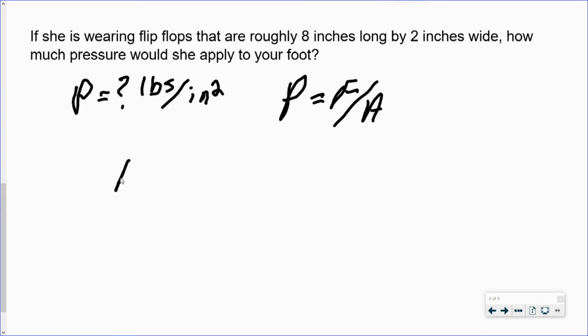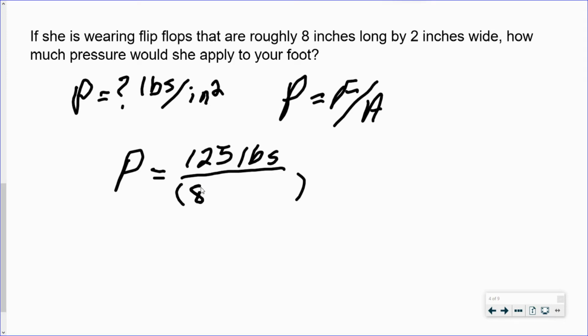So in this case, the pressure is going to equal the 125 pounds. That's her weight, the force that she's going to apply to your foot, divided by the area over which that's being applied. Now, the area is going to be 8 inches. We're going to assume that it's roughly rectangular in the bottom of a flip-flop.